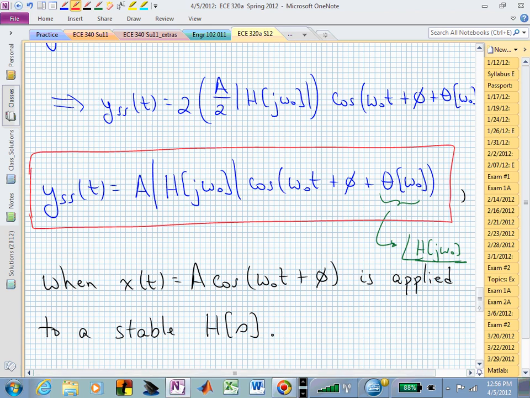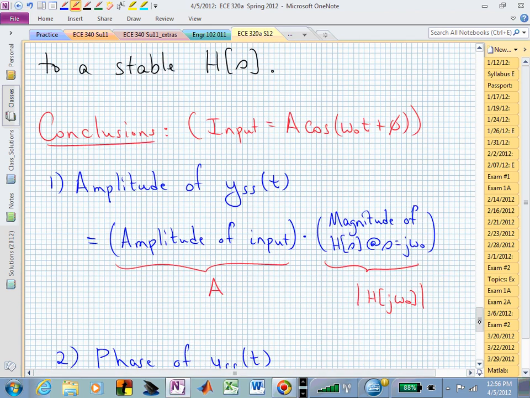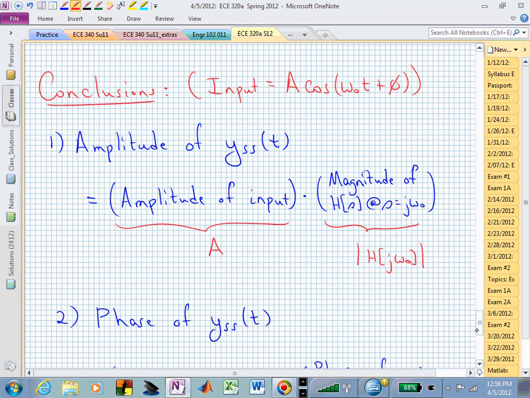If we summarize or conclude, then we have really two conclusions. Given an input, x, that's a cosine, or if it was a sine, you could do exactly the same thing, just make sure your y was a sine, or you could convert the x to a cosine and continue along your path.